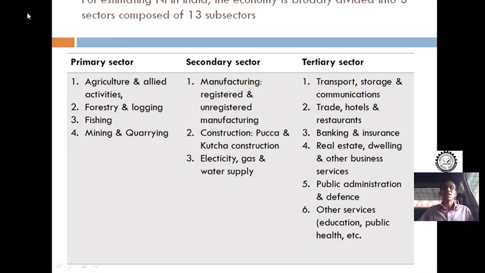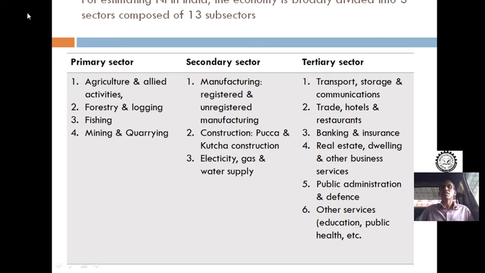In the secondary sector, the three subsectors are manufacturing, registered and unregistered, construction, pakka construction and kacha construction, that is, construction using modern methods and construction using very traditional methods, and third, electricity, gas and water supply.